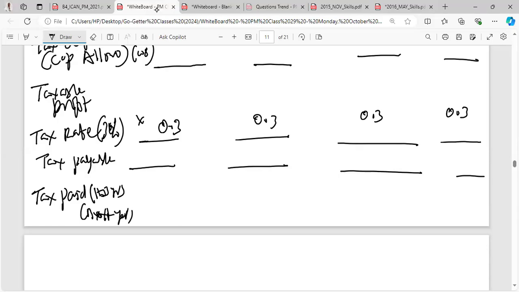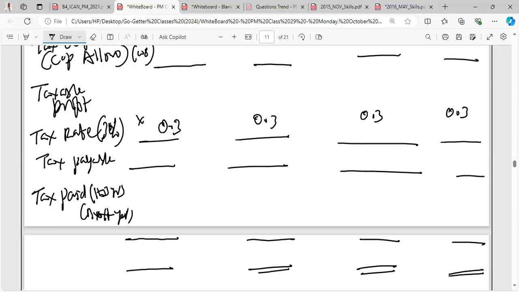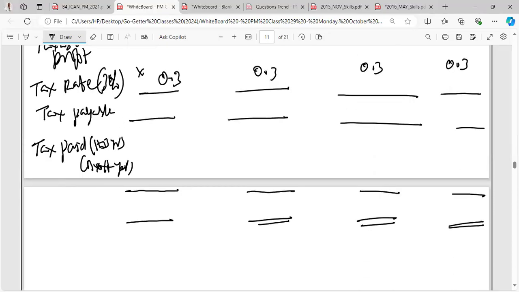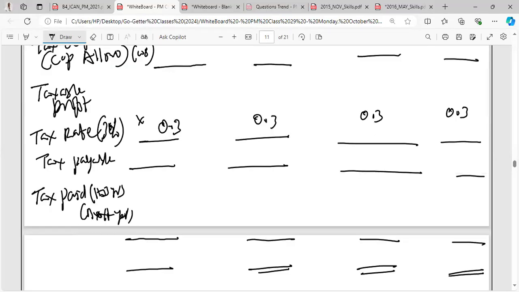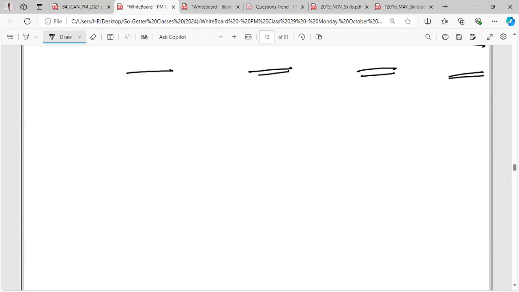When we do that, we will look at the total tax paid, which is what we are going to take to our books. Before that, we will want to do our depreciation, which is workings number 8.